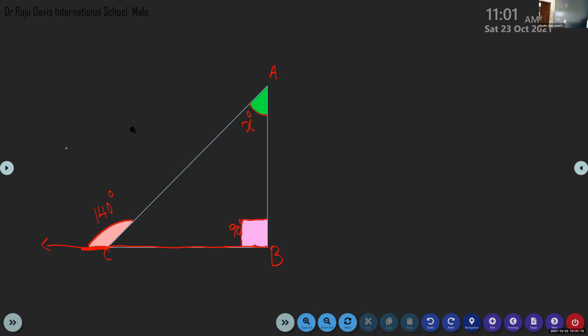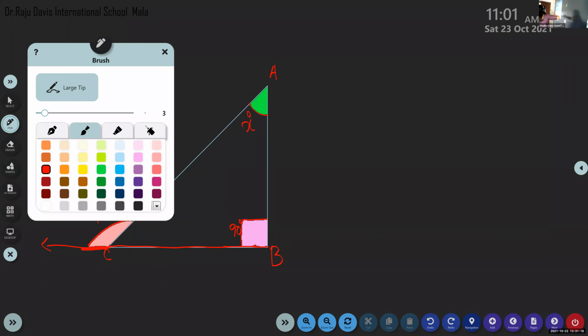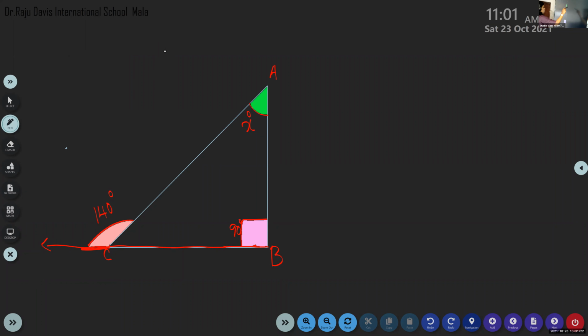So what will be the angle x? You know that the angle 140 degree, that is the exterior angle, is equal to the sum of opposite interior angles. So that is x plus 90 degree. Isn't it? X plus 90 degree.